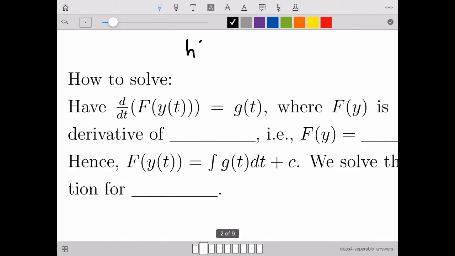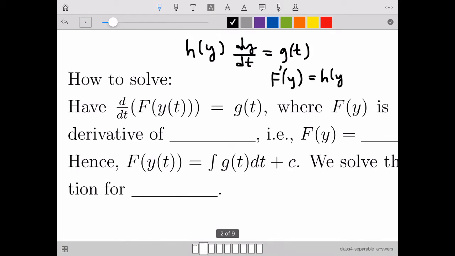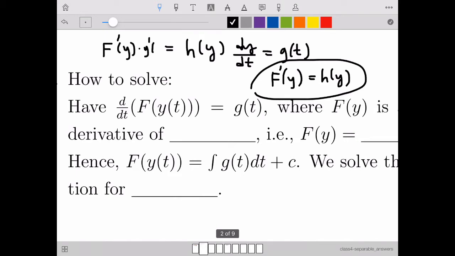We had h of y times dy/dt equal to g of t, and suppose big F prime of y is h of y. Suppose that we found big F such that big F prime of y is h of y, then this can be written as big F prime of y times y prime of t.